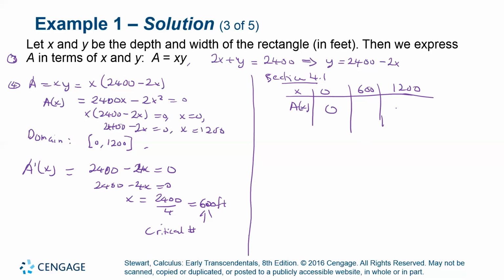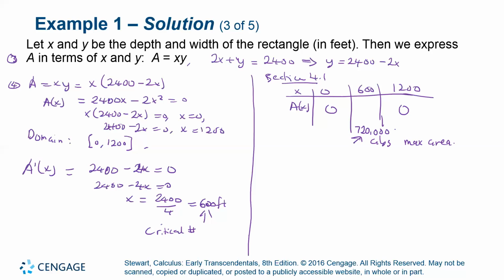When x is 1200, the area is also 0. When x is 600, the value is 720,000 square feet. So you can see that this is definitely my absolute maximum area.